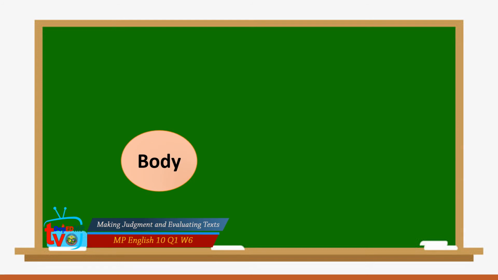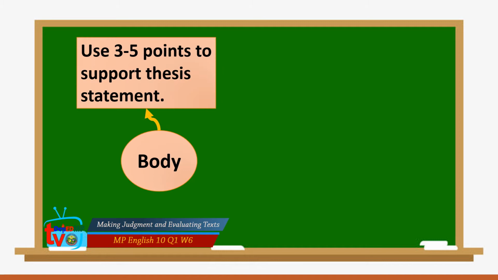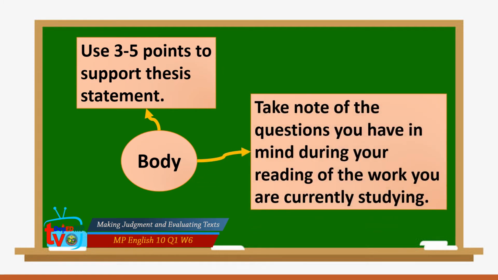For your body, you need to choose and use about 3 to 5 points to support your thesis statement. And the questions you have answered as you read should serve as a guide to help you select your points.